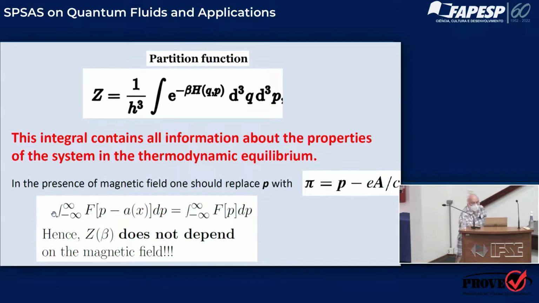The integral is in momentum space from minus infinity to plus infinity. Then we can replace this combination, P minus some function of x and the vector potential, by another variable, and the vector potential will disappear. Therefore, the partition function doesn't depend on the magnetic field. After that, you can differentiate as many times as you wish, but you will obtain only 0. This was the result of van Leeuwen.